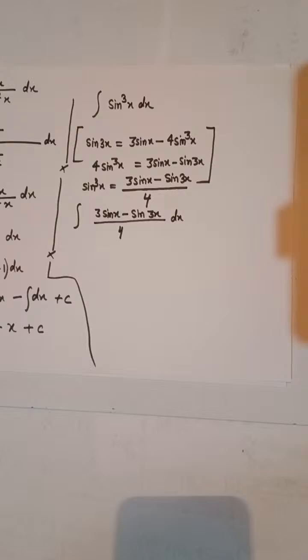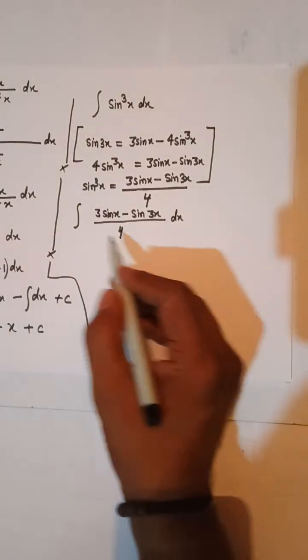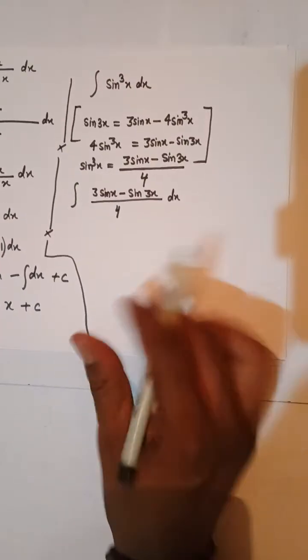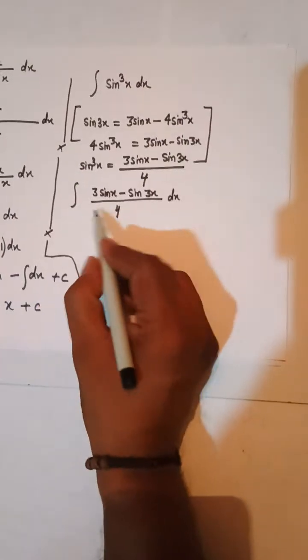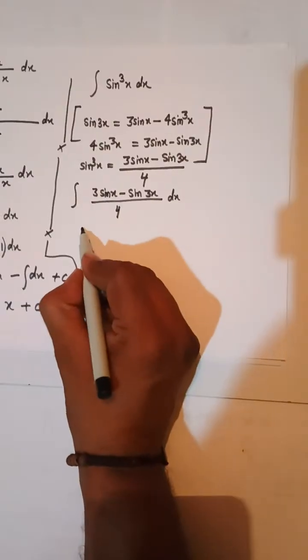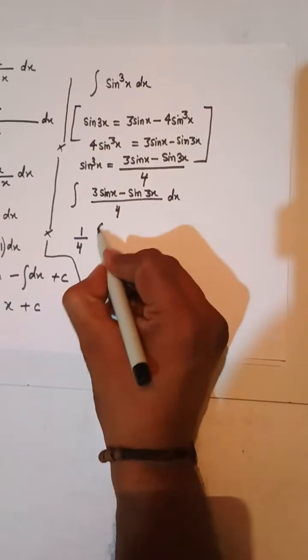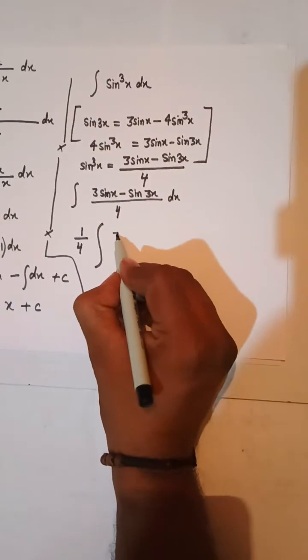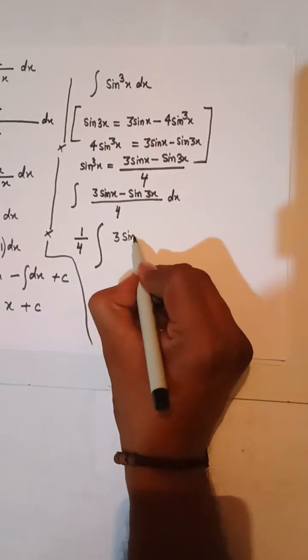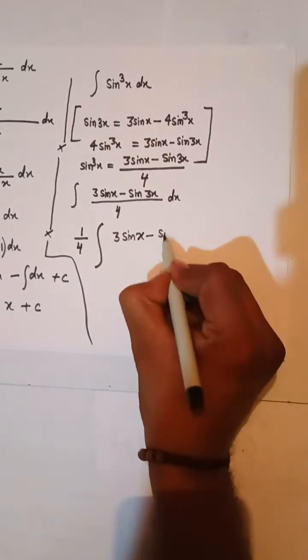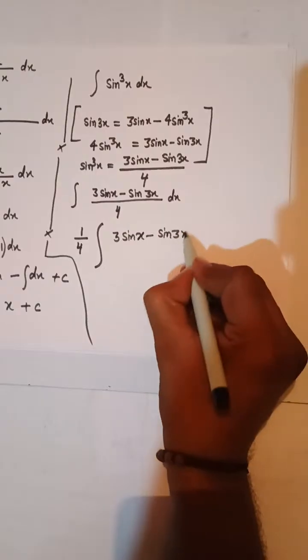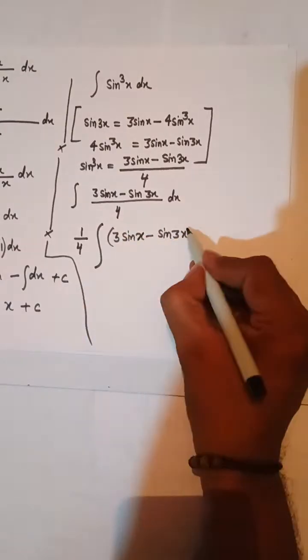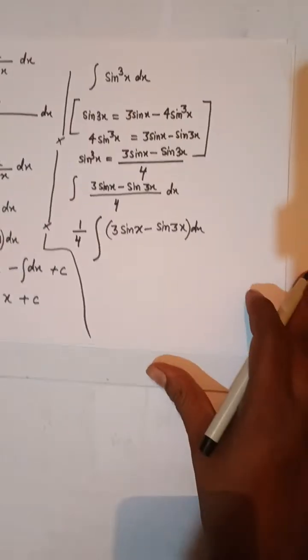And now it's easy to get the integration over here. How? I'm just going to split it down. First, 1 by 4 will come out, so I'm putting 1 by 4 outside of this integration. And then I have 3 sine x minus sine 3x, and here dx.